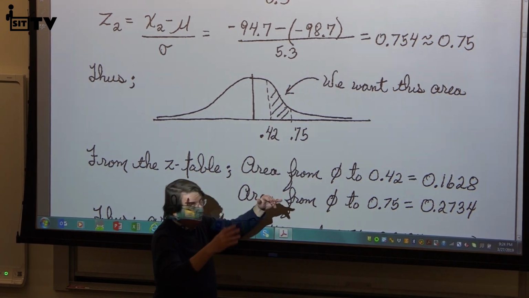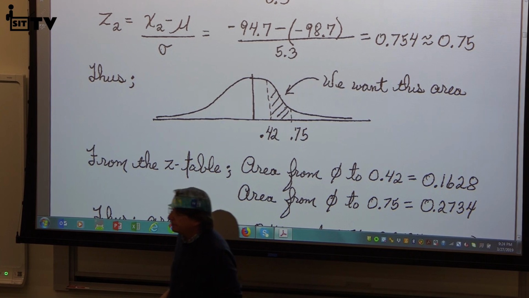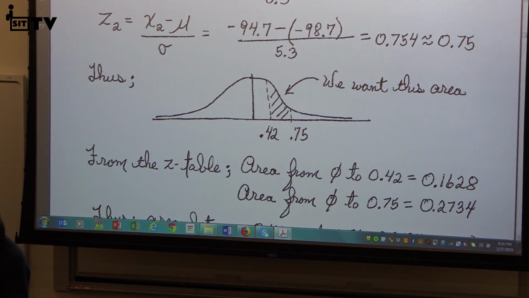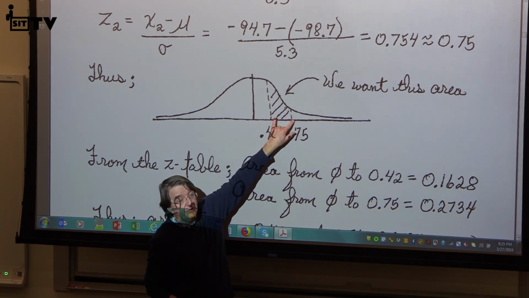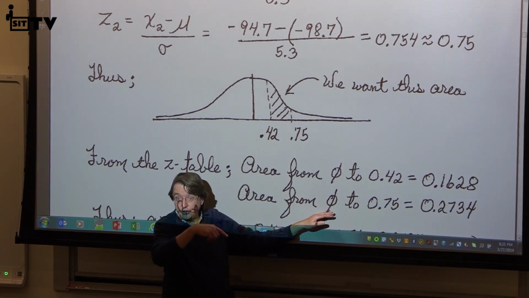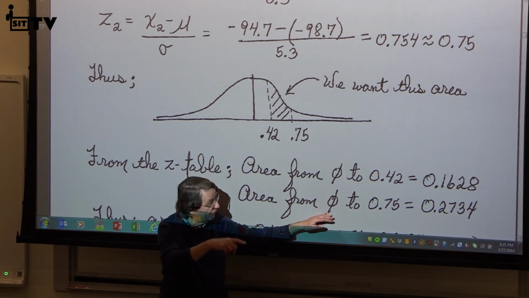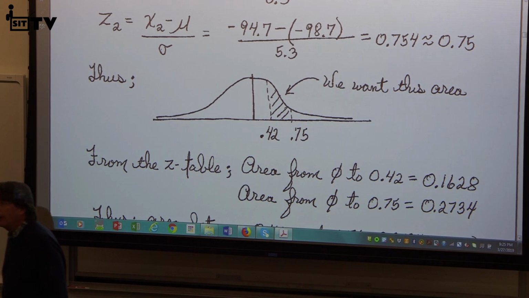If I've done it right, which I think I have, I get 0.1628. Then I get the area from 0 to 0.75. Again, go to the z table, look up 0.75, and I got that 4-digit number, 0.2734.